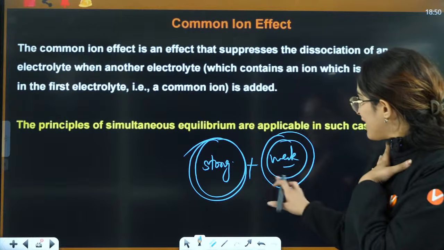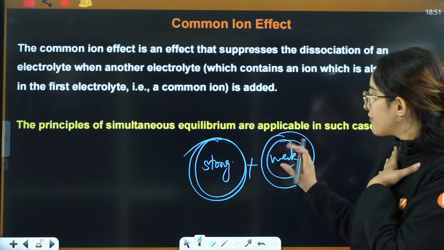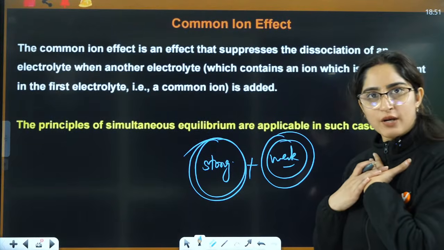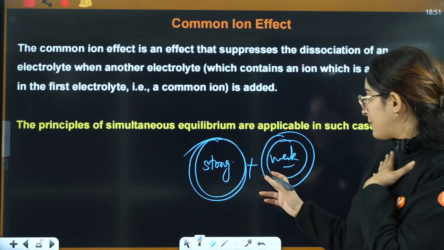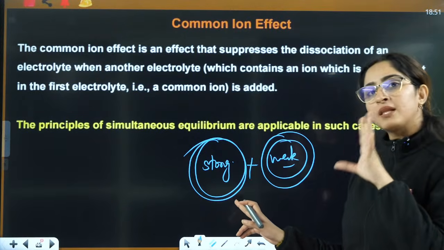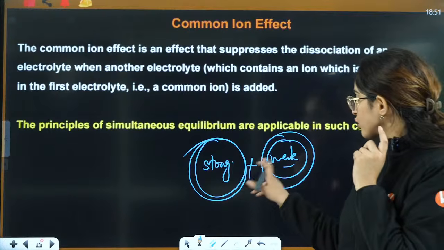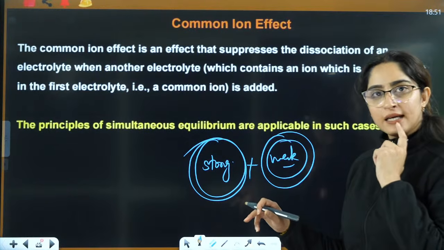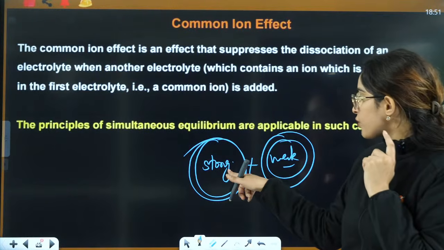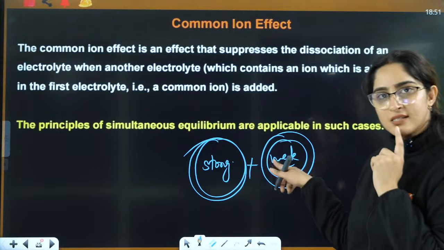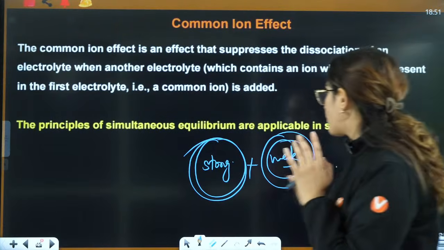So if we say there is a weak electrolyte, there is a strong electrolyte, what will happen if both of them have something in common? If both of them have a common ion, then this strong one is going to suppress its concentration. I'll tell you what exactly.